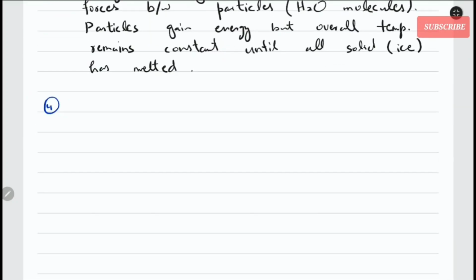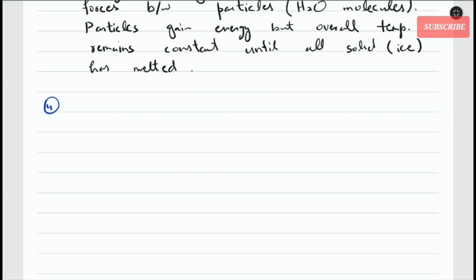Before, you can pause the video and imagine, what do you think? Which would take more energy, right? So let's say the energy would translate into kinetic energy. Kinetic energy translates into the movement of the molecule.